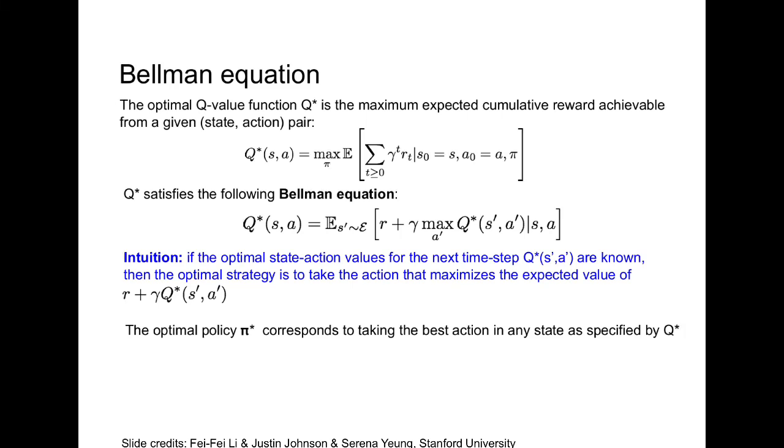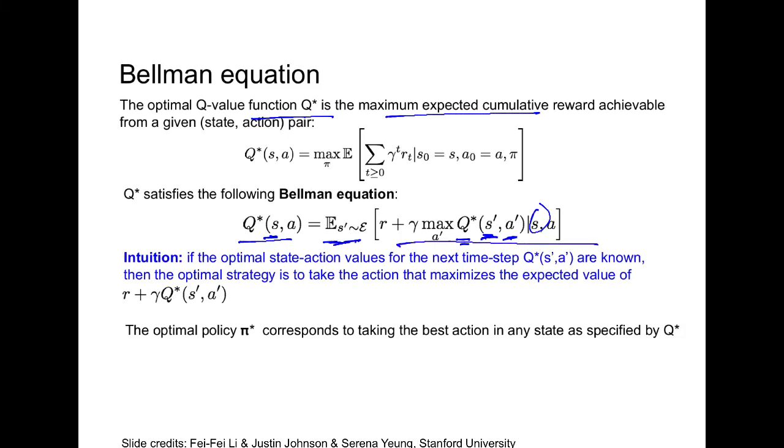Now, how do we learn this policy? How do we learn this Q function? The Bellman equation says that the Q star, the optimal Q value function that gives the maximum expected cumulative reward, is given by the expectation: if you already knew this Q star for the other states, the s primes, and all the actions, then you can get Q star of s, a by just taking the expectation of this function.